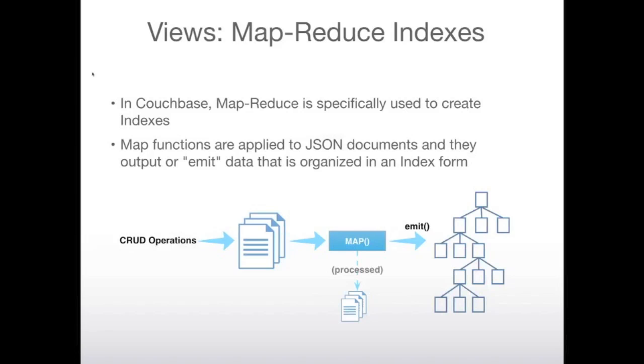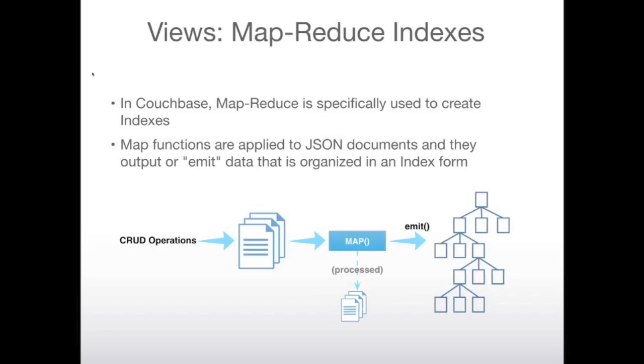So map functions, as you do your CRUD operations and you're creating JSON documents in Couchbase, our map functions will output data, and that will be added to or modified within an index structure. In our case, we have a B+ tree on disk.